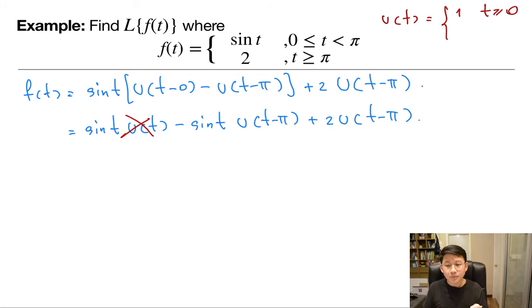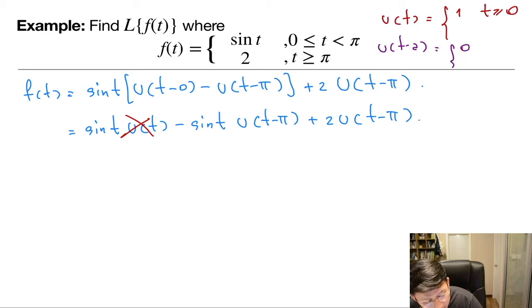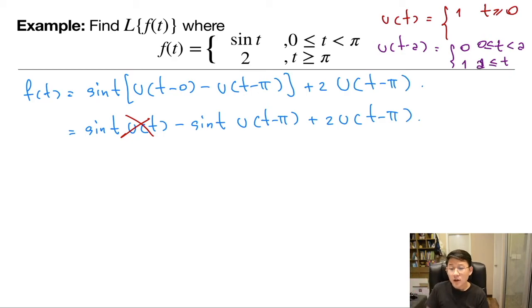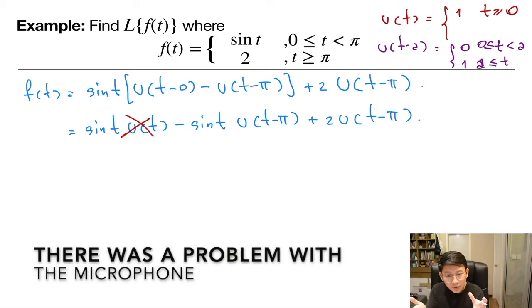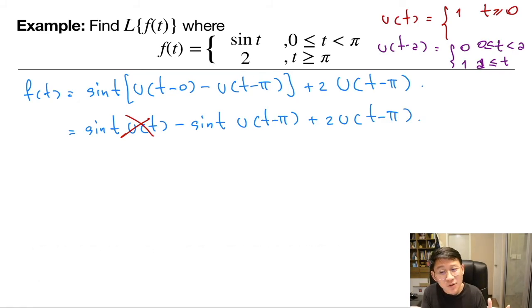Again, guys, u(t minus a) is 0 when t is less than a, and 1 when t is bigger or equal to a. But when a is 0, it means u(t) is 1 when t is bigger or equal to 0, but t is always bigger or equal to 0, right?